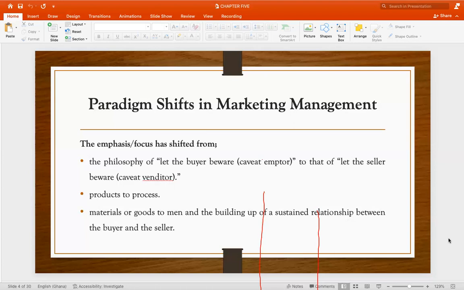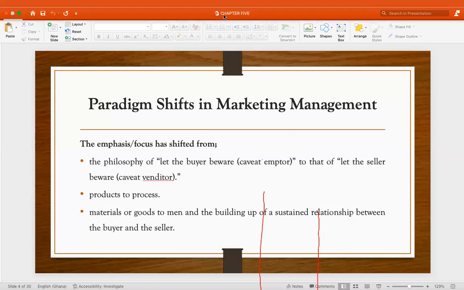The seller should be aware and know what they are selling. The emphasis should not be on the buyer to know that what they are buying is the good or correct one. The seller should bring the correct one for the buyer.